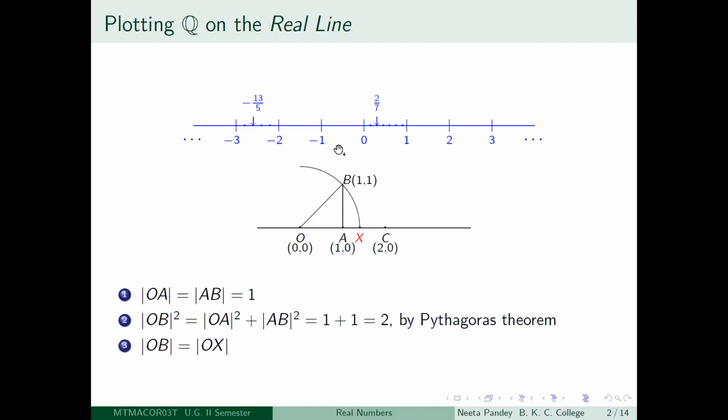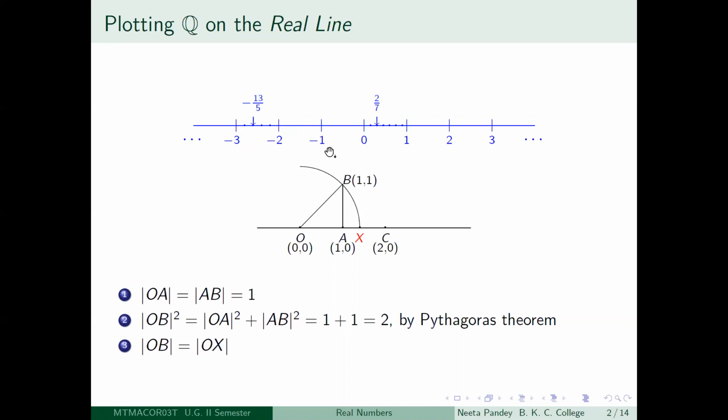Conventionally, they are plotted on the left hand side of 0. So just take the same length as between these 2 points, which are depicted by 0 and 1, on the left hand side of 0, and the point which it describes, you say that it corresponds to -1. Double of that distance, you again plot the point and call the point to correspond to -2, and so on.